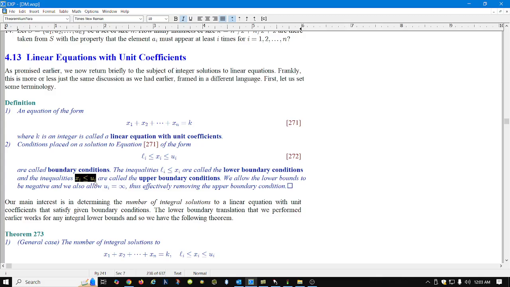This set is called the upper boundary conditions. We allow the lower bounds to be negative, which we don't do for the multiset case. And we also allow the upper bounds u sub i to be equal to infinity, which effectively removes that upper bound.